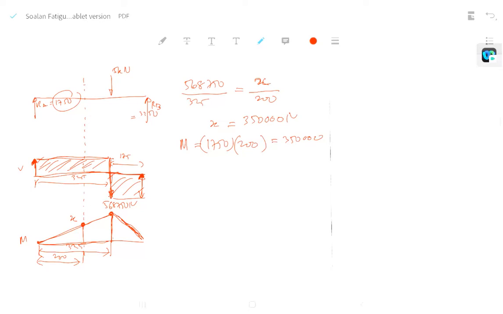So for the moment, acting at X, where here is the fillet, the value is 350,000 Newton.